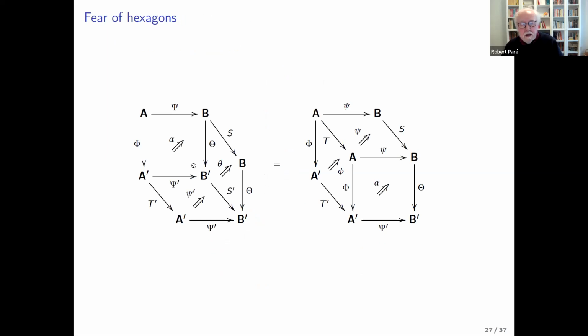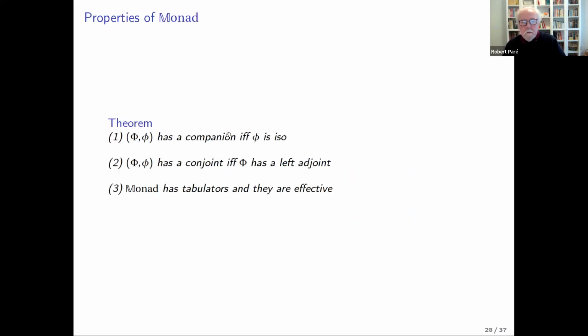The condition is that you have a commutative cube. So you have this alpha, and you have these structure maps, and this cube commutes. And once you look at it that way, you see why they would compose. The hexagons don't seem to want to compose, but the cubes, if you have two different ones, you can place them horizontally and vertically, and there's no problem. Okay, good.